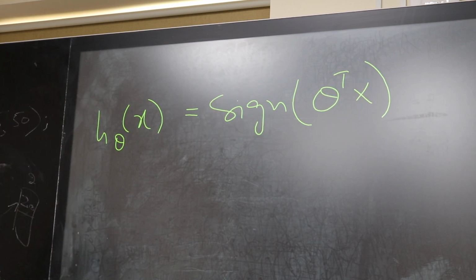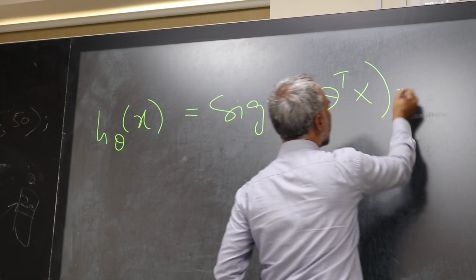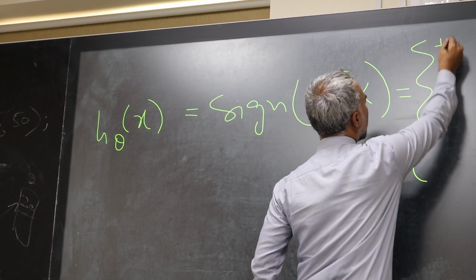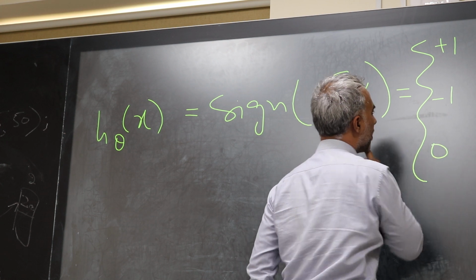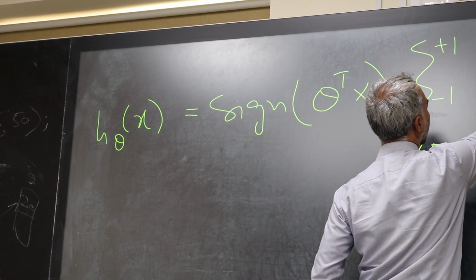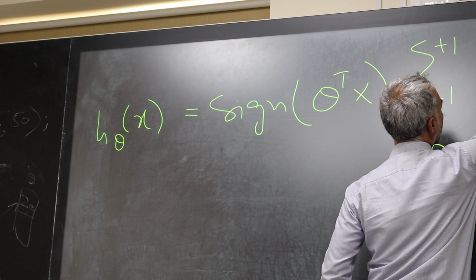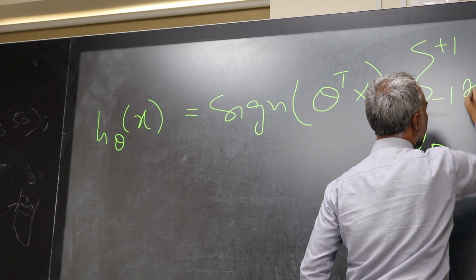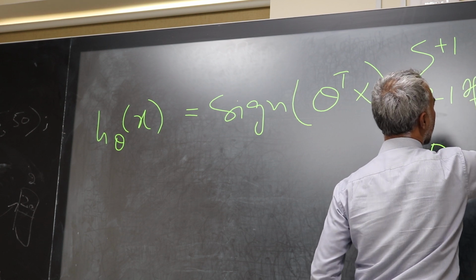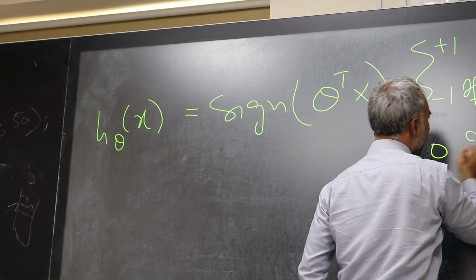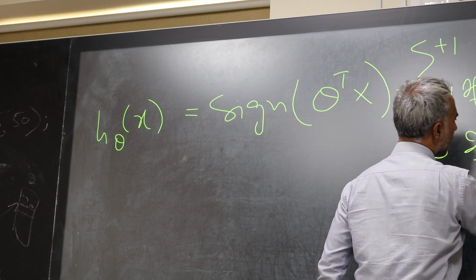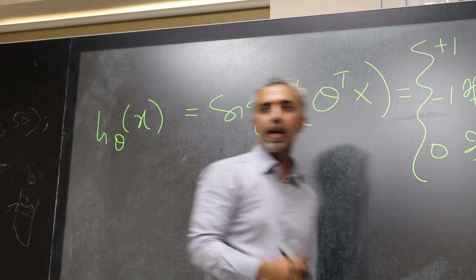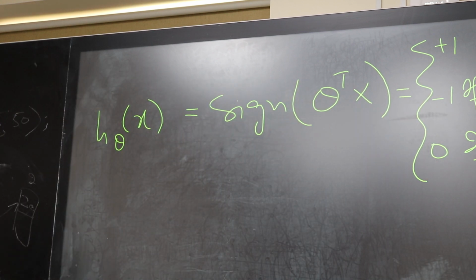We concluded some score with the help of this, and the sign gives +1, -1, or 0: if greater than 0, if less than 0, if equal to 0. Once we say equal to 0 exactly, then it tells us that this is a decision boundary.